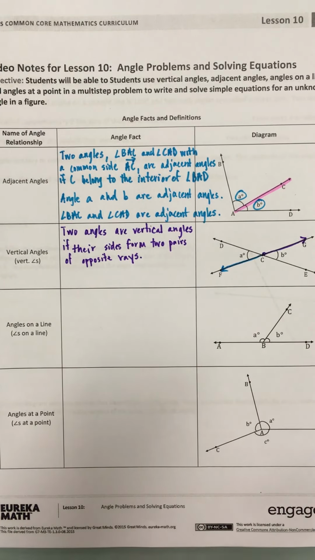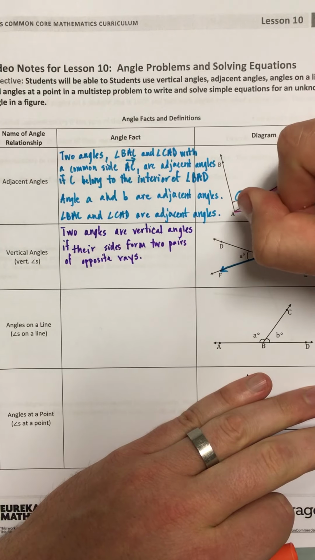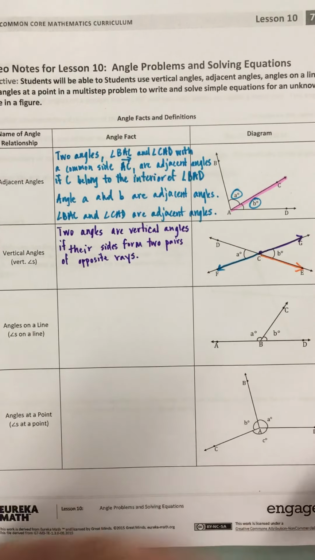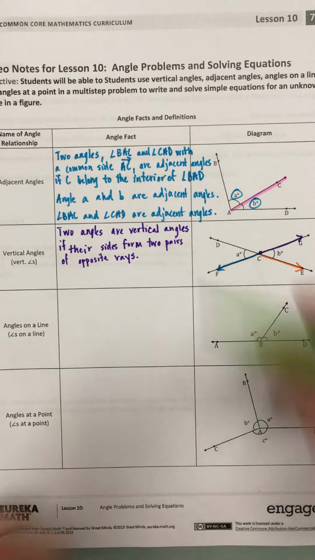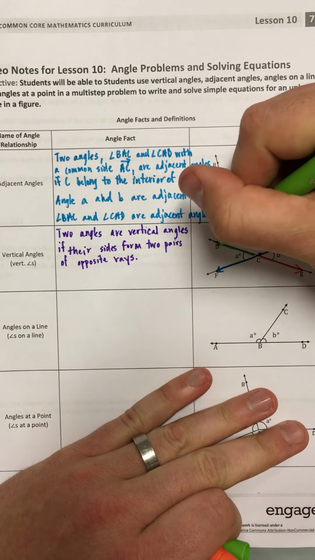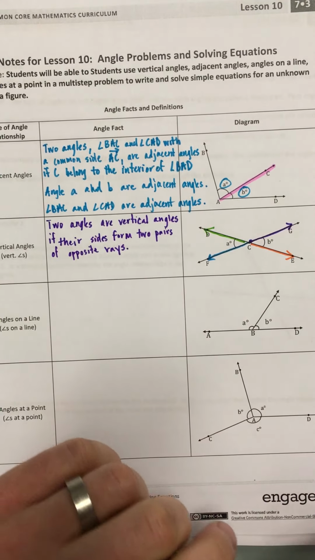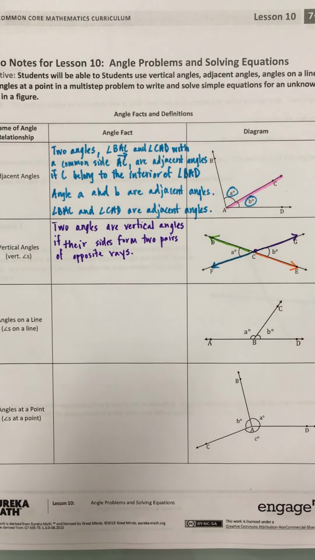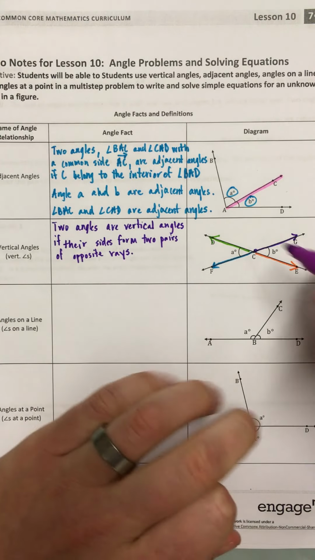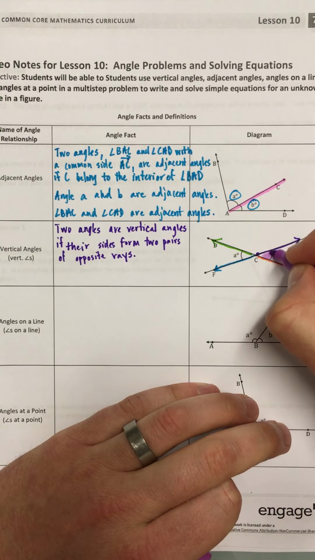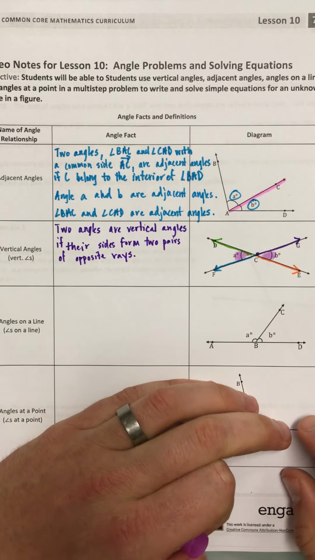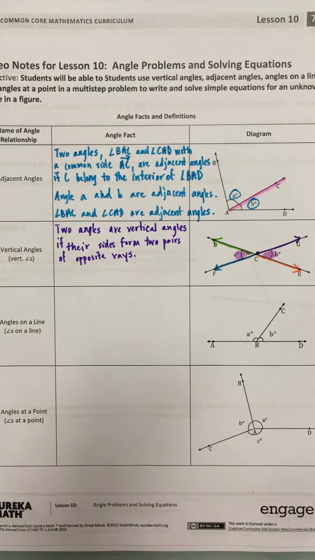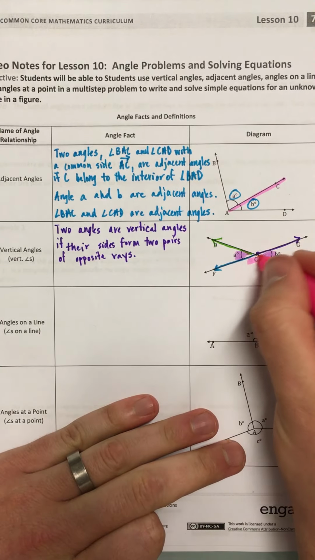And if you do that for these intersecting lines, you'll see them form vertical angles. Defining vertical angles is really important to us, but also understanding that each pair of vertical angles is congruent becomes a really important result as we work through the course.